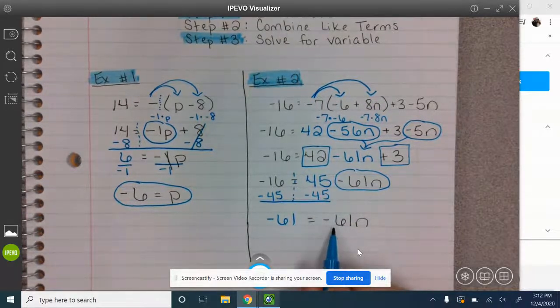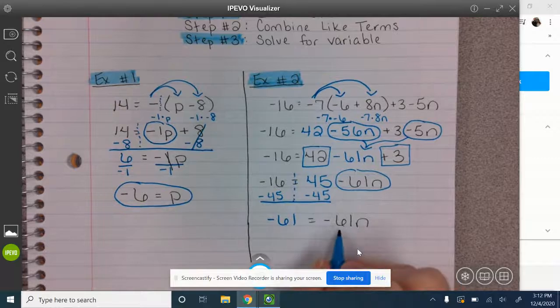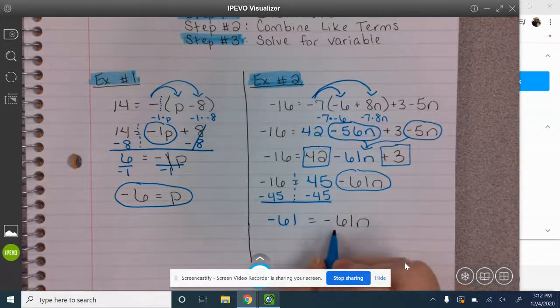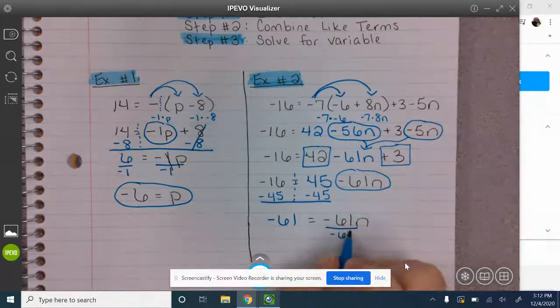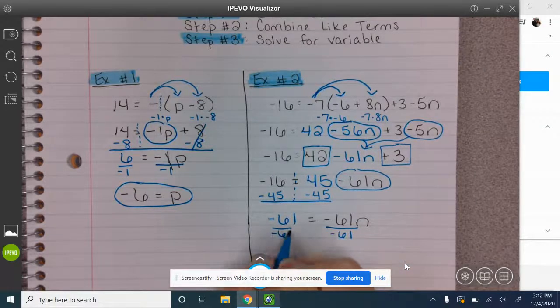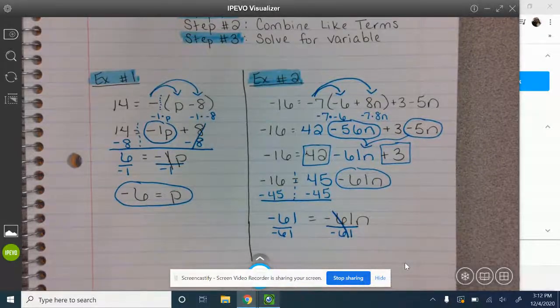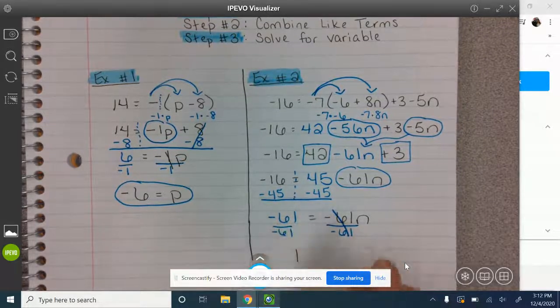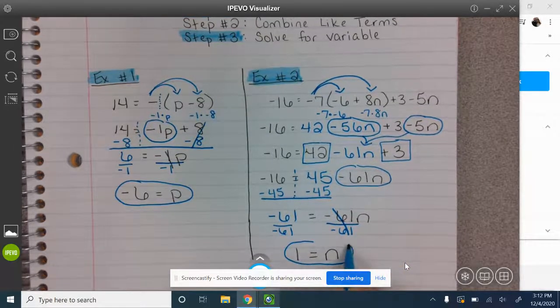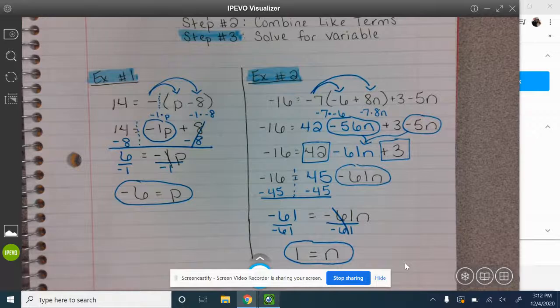So now I'm ready to undo negative 61 times n. How do you undo multiplying, or how do you break up that couple? We're going to divide by negative 61 on both sides. Negative 61 divided by negative 61 is positive 1. So positive 1 equals n will be my answer to that equation.